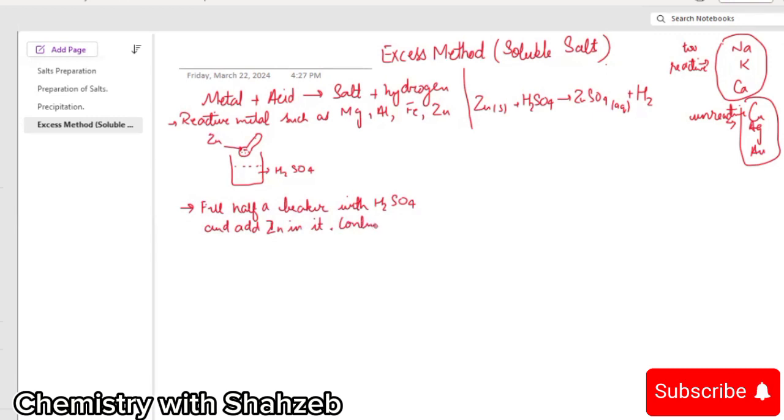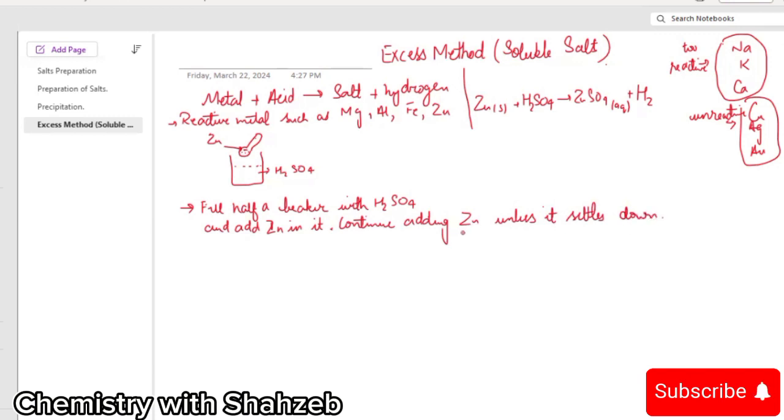Continue adding zinc until it settles down.